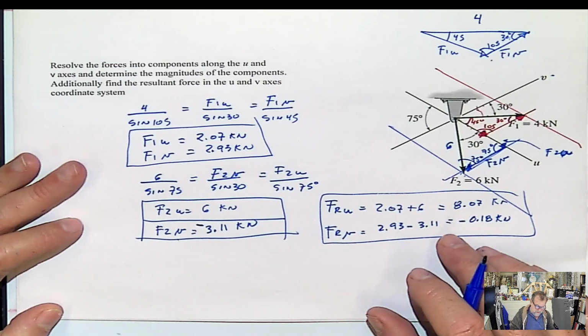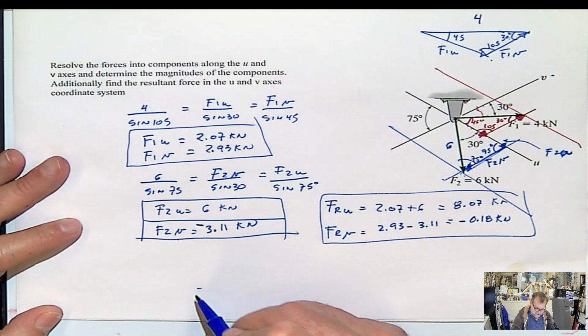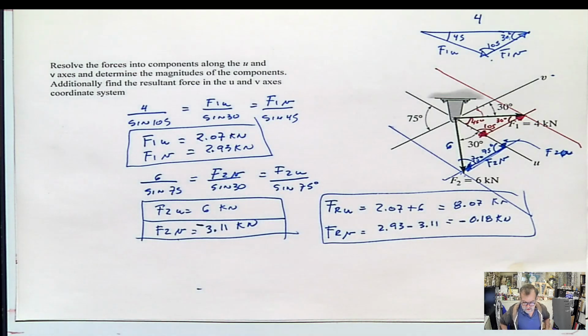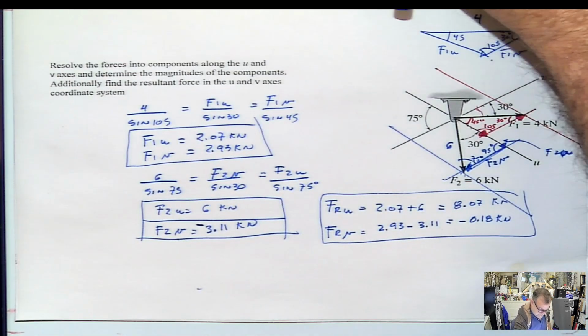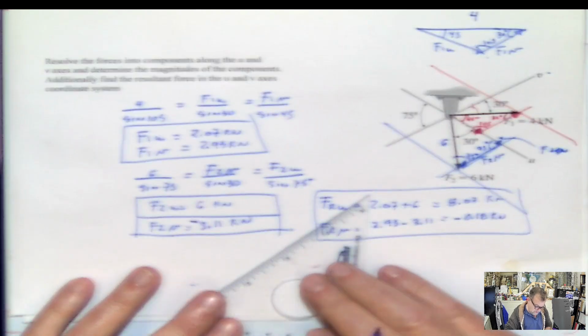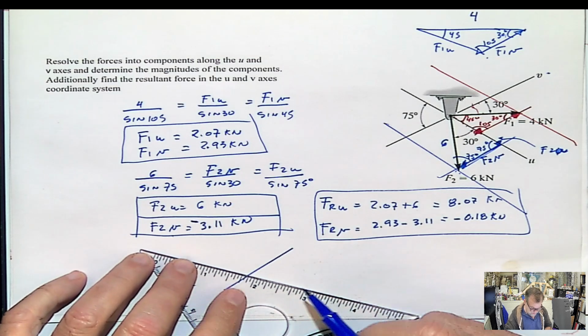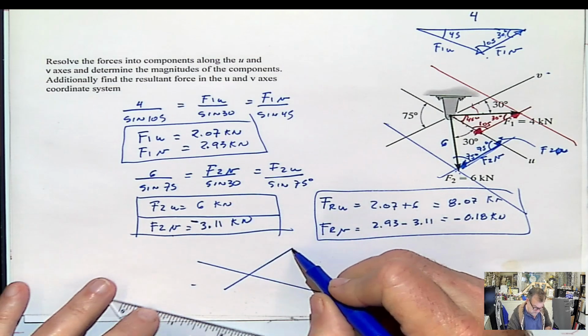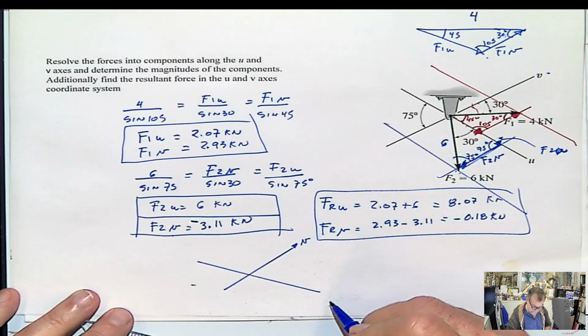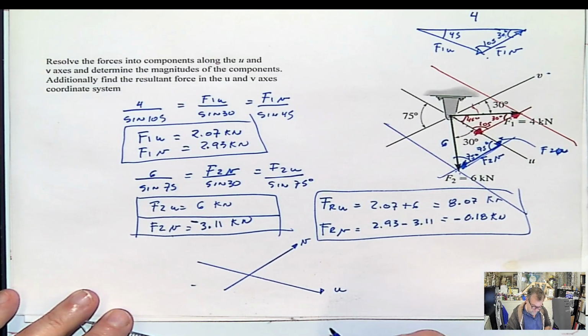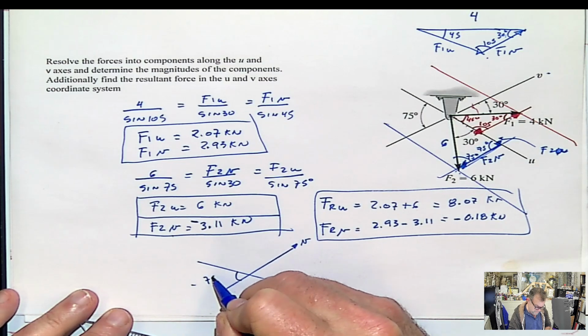Now, what do we have? We have this. Let me see if I can draw that again. Here. Yeah, this is the V-axis, and this is the U-axis, with 75 degrees.